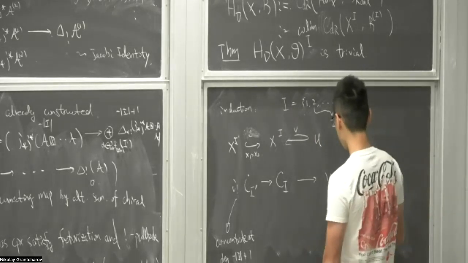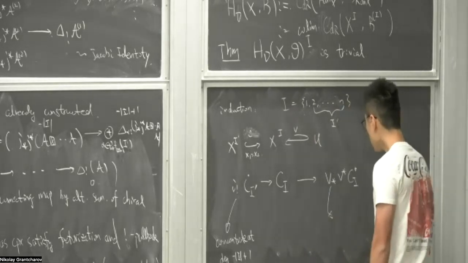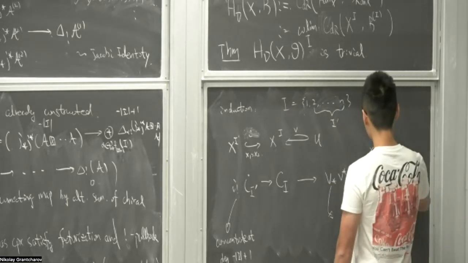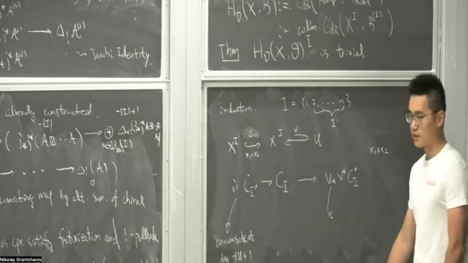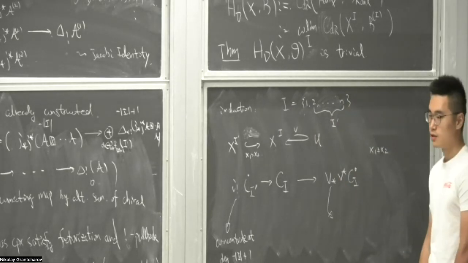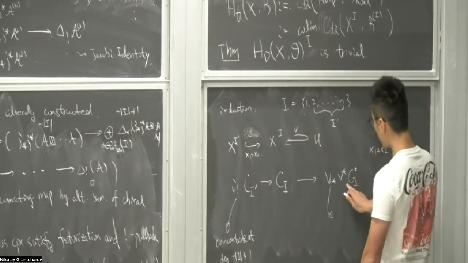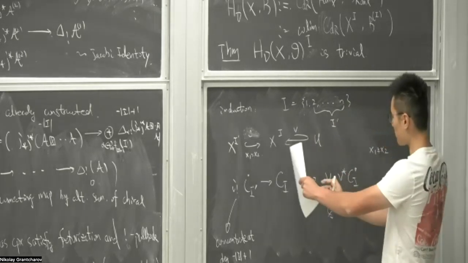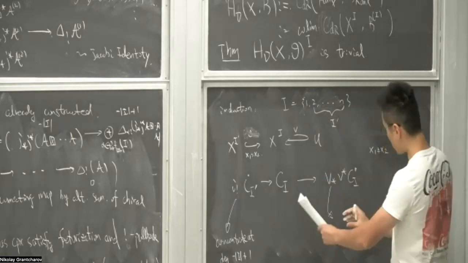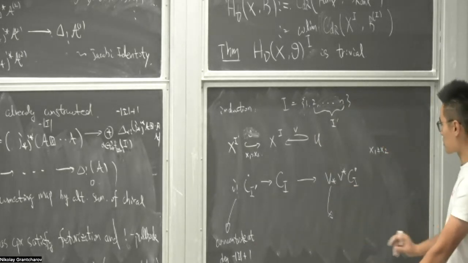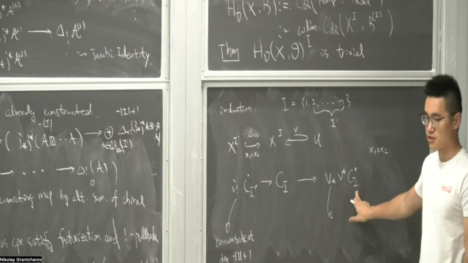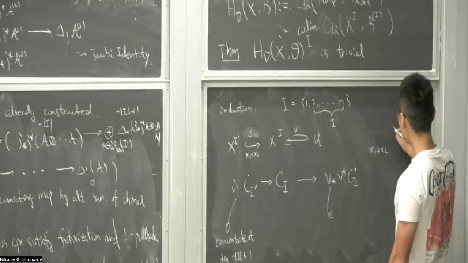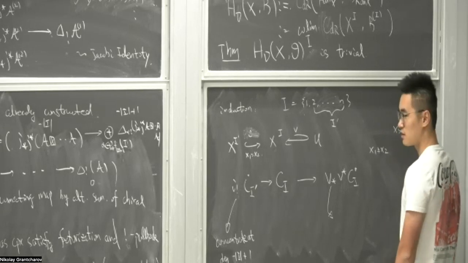Now look at this. What is this U? This U is the place where x1 is not equal to x2. I want to claim that the pullback of C_I dot over this U can be described locally as a factorization of two smaller C_J dots. Let's think about x1, x2, x3.